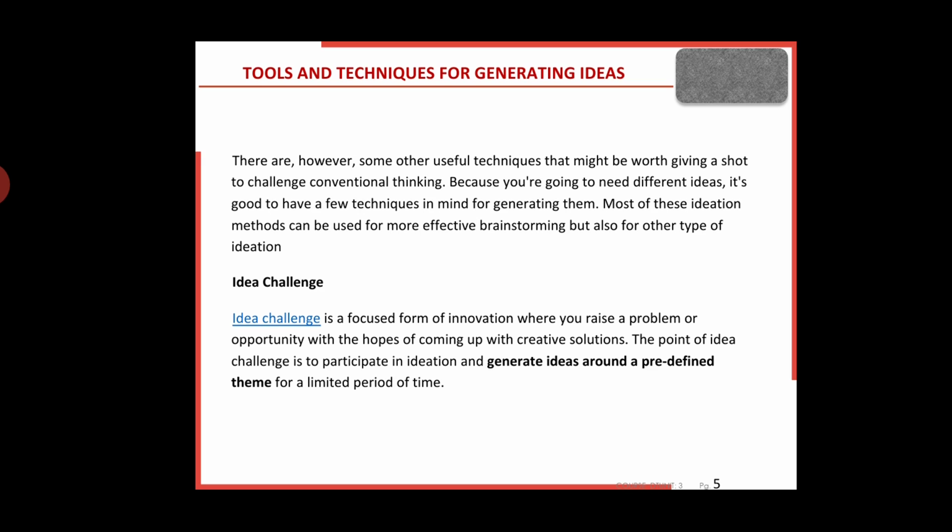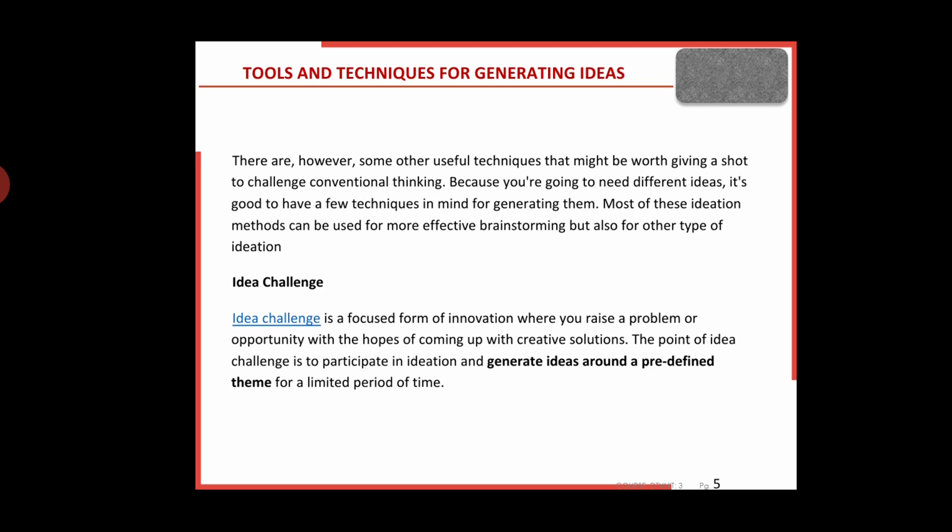So that we can tackle the problems from several perspectives. The main idea of the idea challenge is a focused form of innovation where you raise a problem or opportunity with the hope of coming up with creative solutions. The idea challenge is mainly based on participating in ideation. What is ideation?